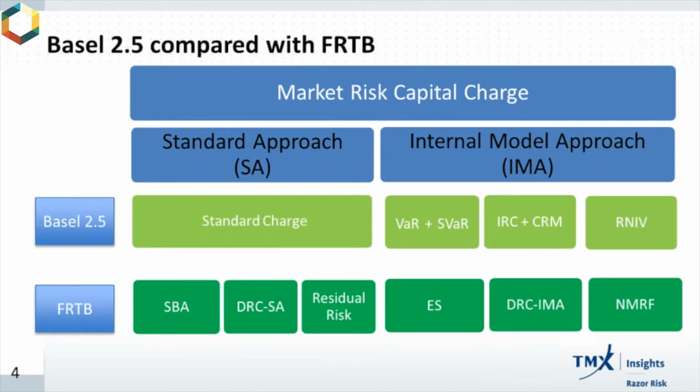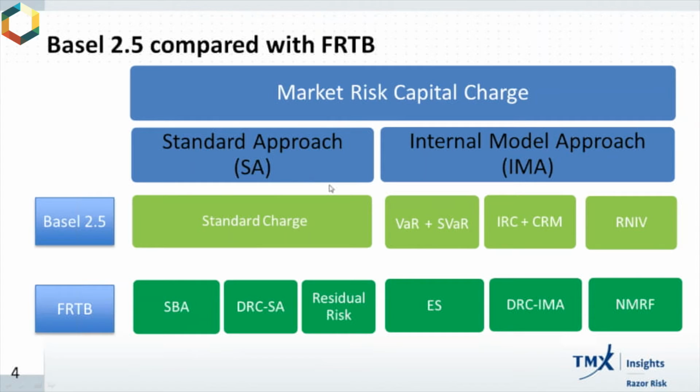This slide shows the comparison between Basel 2.5 and FRTB. As we can see, both of them have a standardized approach and an internal model approach. However, under Basel 2.5, it's one or the other. That means if a bank is approved for IMA, it does not need to use SA. But under FRTB, SA is a must.